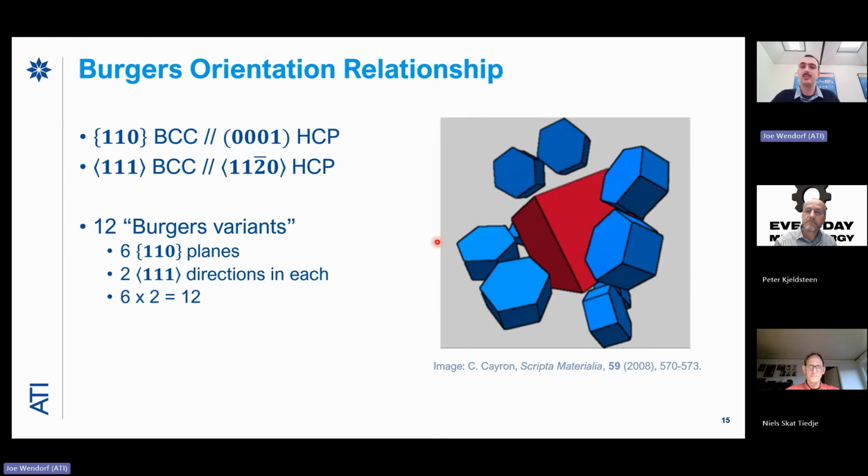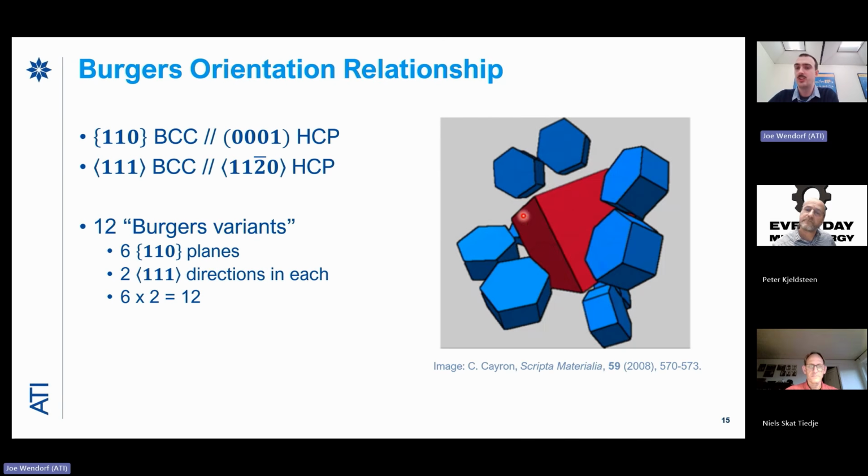And so to summarize that, there are 6 different 110 planes in the BCC crystal structure that become the basal plane in HCP. And then there are those 2 111 directions in each of those planes that can become the a direction in HCP. And so when you multiply those together, there are 12 different variants.